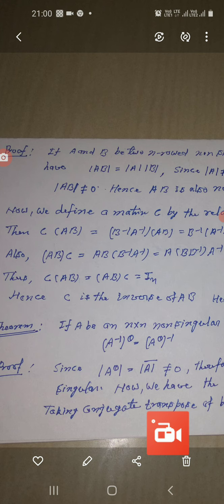And now we have the identity A inverse A is equal to In.